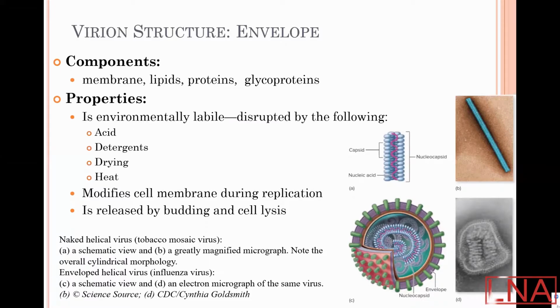Moreover, enveloped viruses usually have enzymes inside. But the complex structure does not mean more resistant than non-enveloped viruses. Usually they are environmentally labile. So acids, detergent, drying, and heat can kill them very effectively.